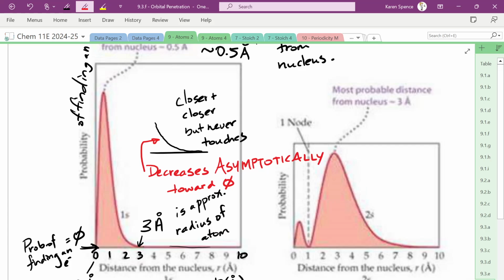Which is why we can say that, oh yeah, there is an incredibly small and yet non-zero probability of finding that electron on the other side of the universe. Yes? Even though it's really only 3 times 10 to the negative 10 meters across, that atom.